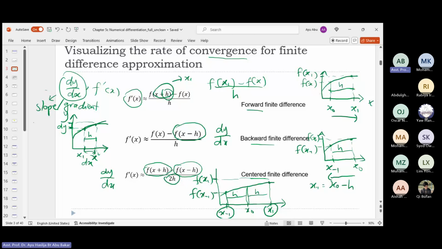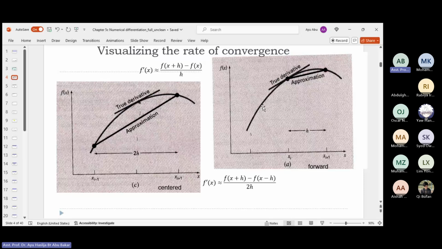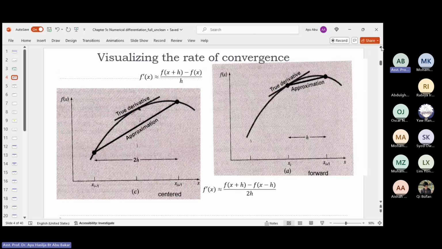Okay, now we proceed. This is the visualization of the differentiation. Here, this is centered, Figure C. Centered, you see there's 2h over here, from x i plus 1 to x i minus 1.